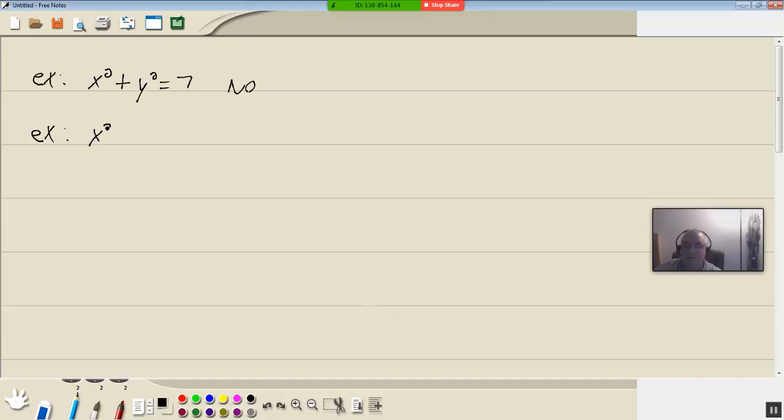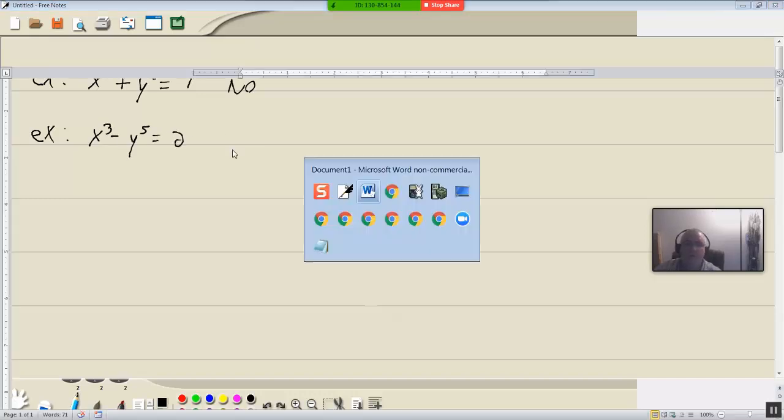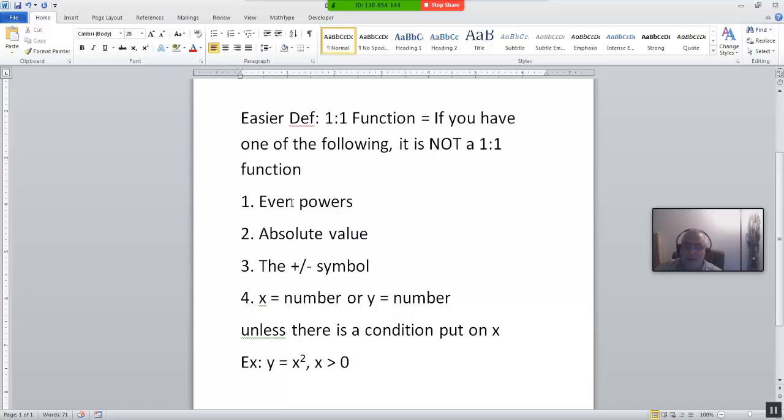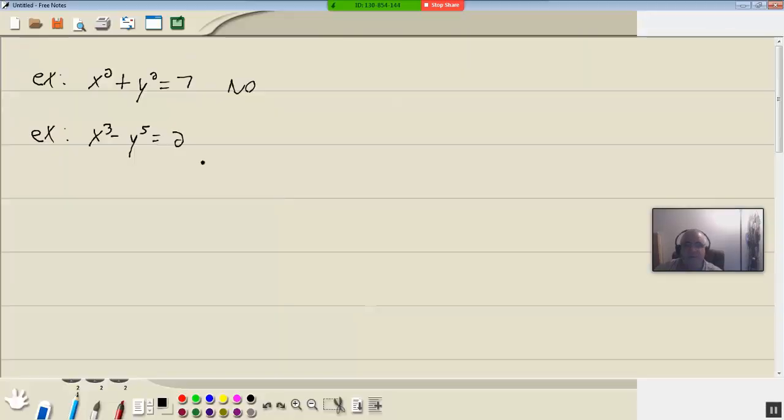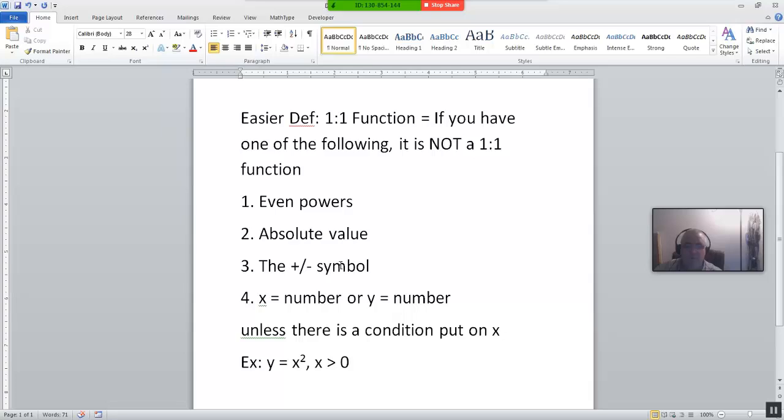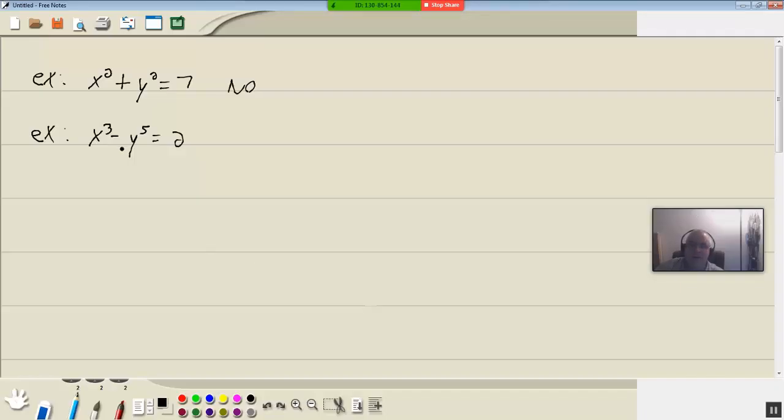If you had x to the third minus y to the fifth is equal to 2, we can have odd powers, we just can't have even powers. There's no absolute value, there's no plus or minus symbol, and when I say x equals a number or y is equal to a number, that's all you have. You'd have like x equals 2 or y is equal to 5. You wouldn't have anything else. And so it doesn't have any of the prohibited items. So the answer here is yes, this would be a one-to-one function.